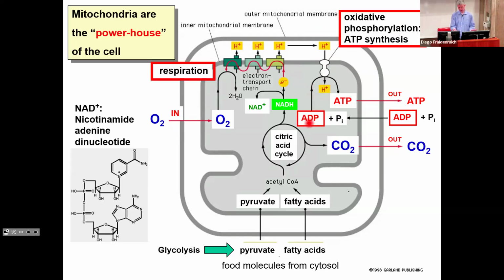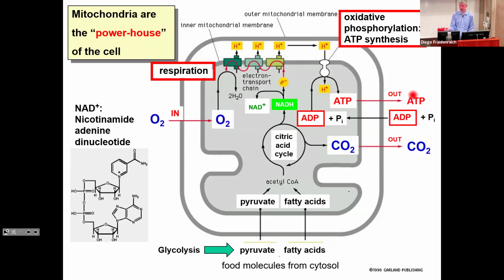So overall, what you want to memorize is you incorporate oxygen. Oxygen will be converted to water. You provide ADP, which is coming from outside, and it is converted to cellular energy, ATP.